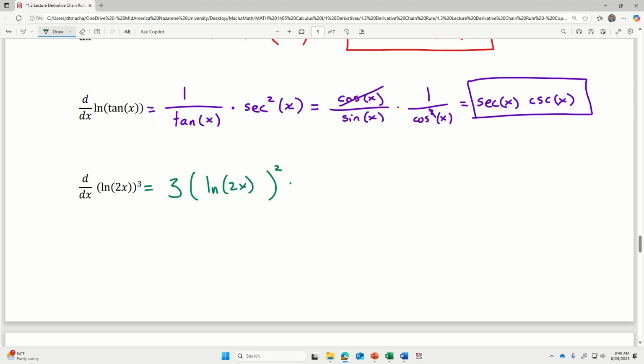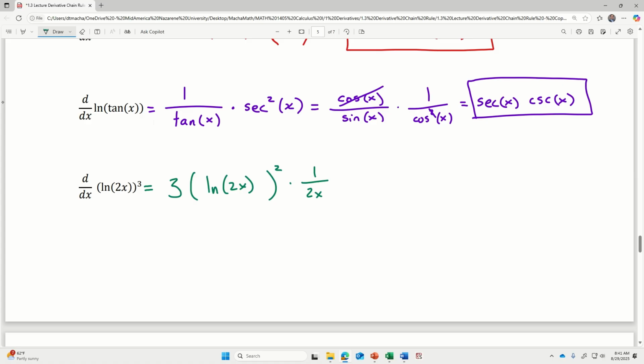Does everybody remember what Gabe pointed out earlier? What's the derivative of natural log of 2x? Yeah, it'll just be 1 over x. And you can even think about this as an outside function, where the outside function is natural log and the inside function is 2x. In that case, the outside function's derivative would be 1 over blank.